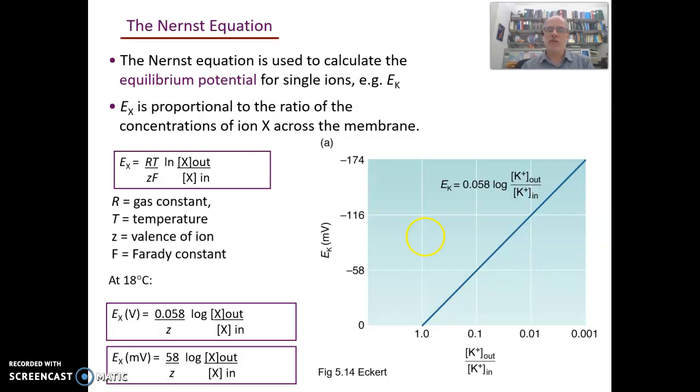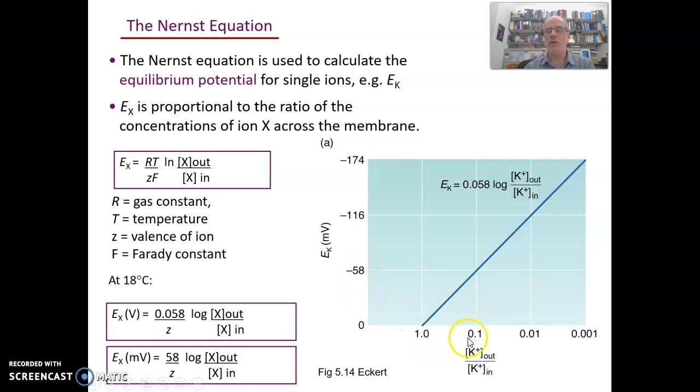The equilibrium potential essentially is proportional to the logarithm of the ratio of the concentration in the two compartments. And for every 10-fold increase in the concentration gradient across the membrane, we see that the equilibrium potential for potassium increases by minus 58 millivolt.